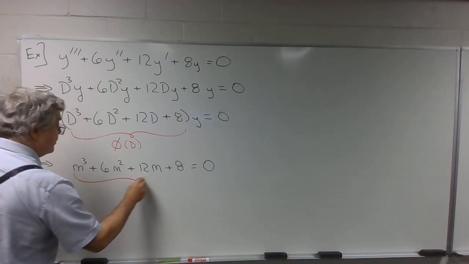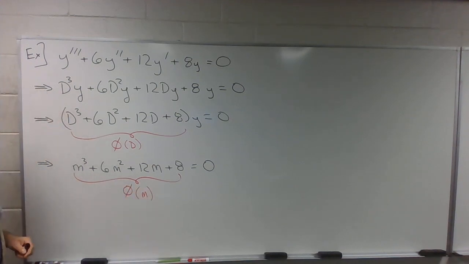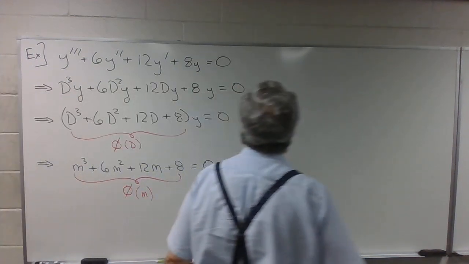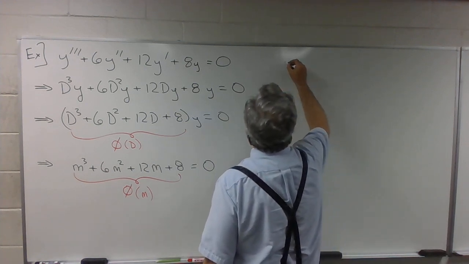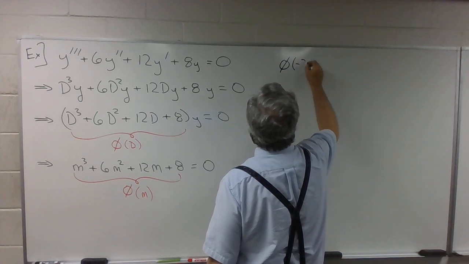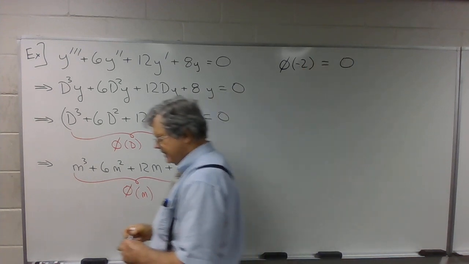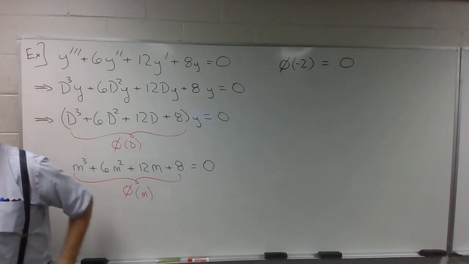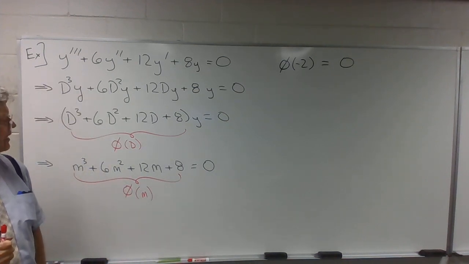Here's my polynomial, phi of m. And what I've just figured out is that phi of negative 2 equals 0. Now, why is that so important? I'll tell you why.